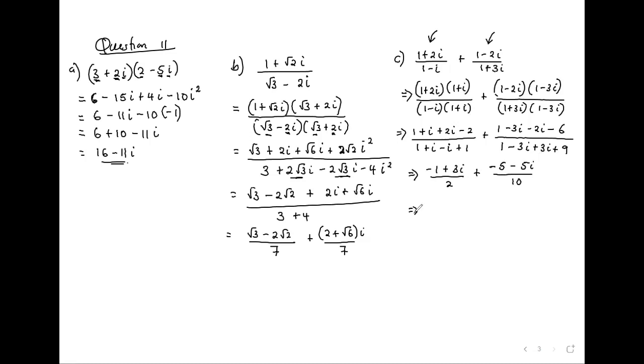Then here now, the common denominator is 2 actually. We can keep this over 2 plus, if we divide by 5 throughout, I will have negative 1 minus i over 2.